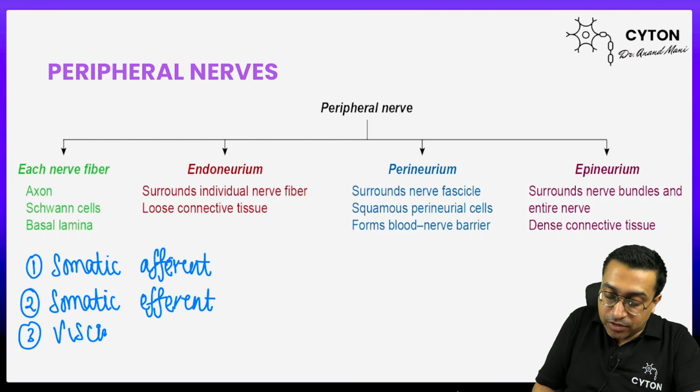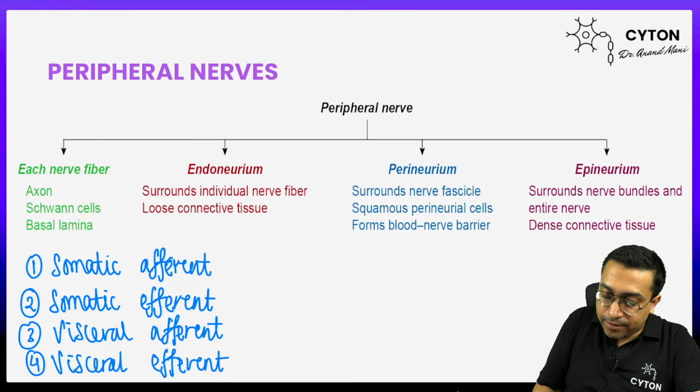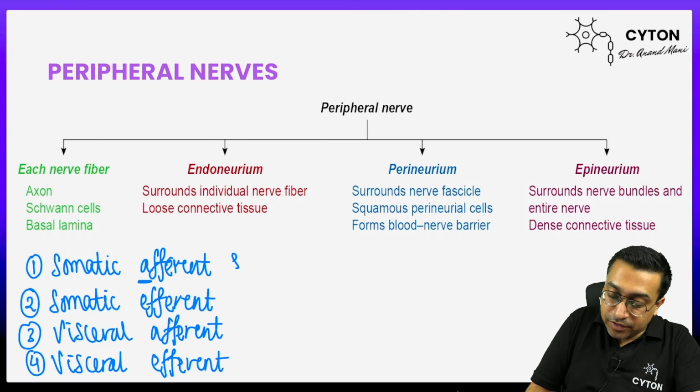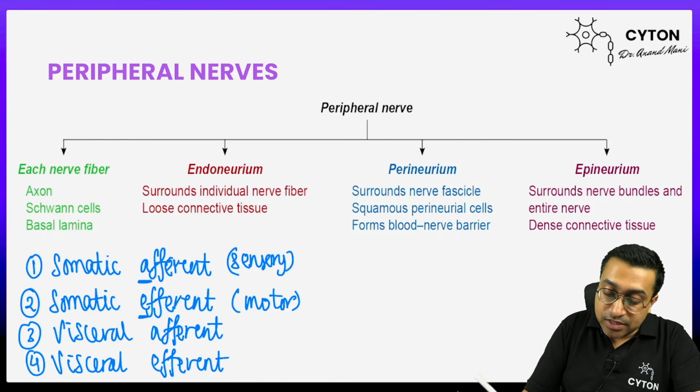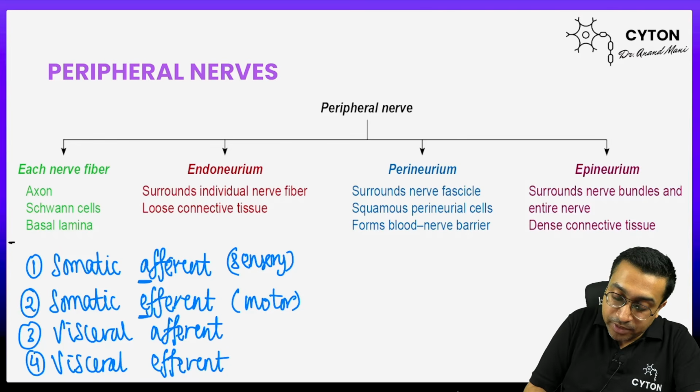Then we have visceral afferent. And number 4, we have again visceral, but this time efferent. Okay, afferent is sensory and efferent is motor. Alright, so the bundles of nerve fibers in the CNS are known as tracts. Okay, so now you can see this chart also to understand better.